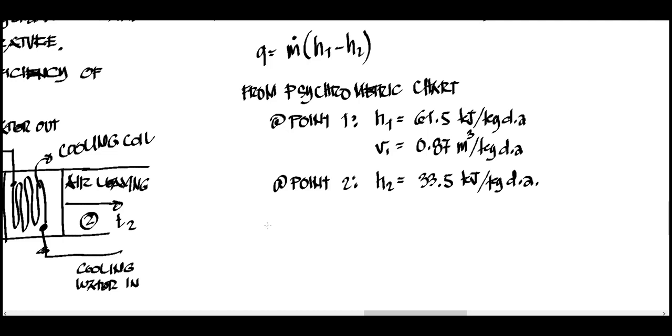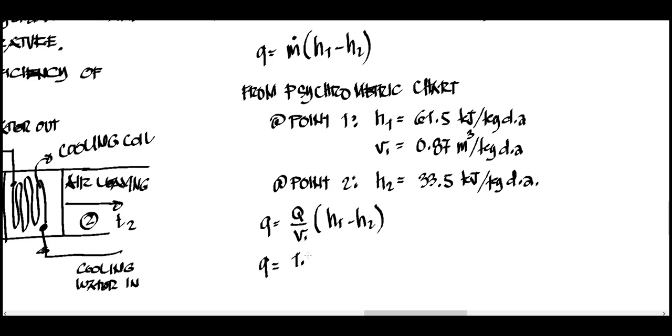So we can express our Q as the volume flow rate divided by the specific volume, multiplied by the change in enthalpy.